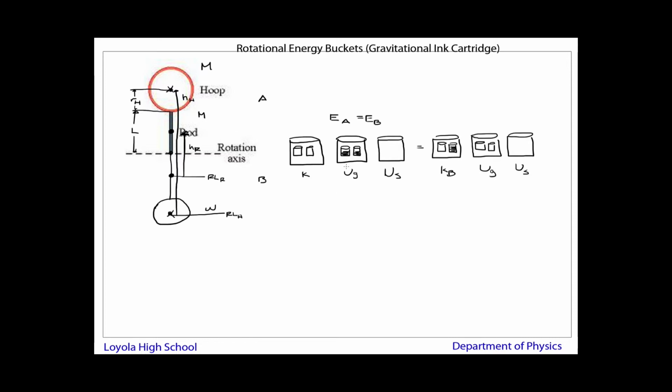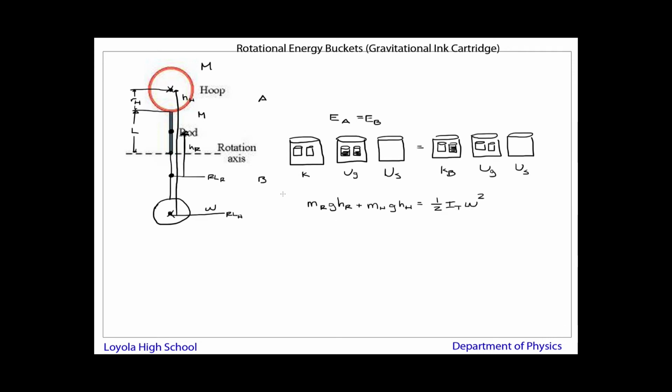So what we basically have here, if I take a look at this from an energy point of view, is the mass of the rod times g times the height of the rod, which we define right there, plus the mass of the hoop times g times the height of the hoop, equals 1/2 I omega squared, so it's 1/2 I total, which we'll break down in a second, times omega squared. And we're trying to find omega, okay?